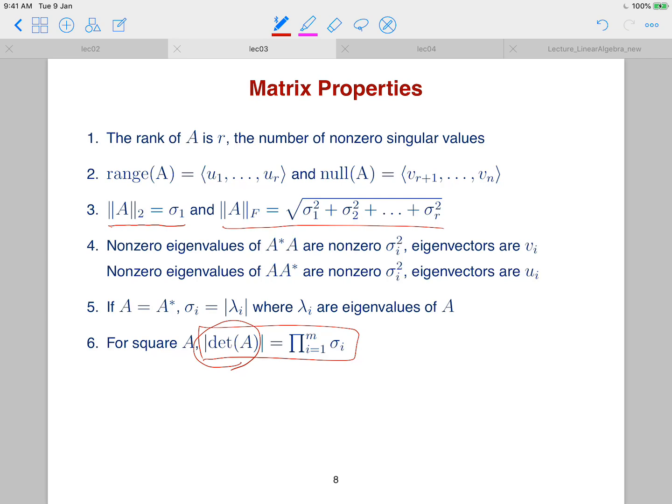So that is the meaning of this determinant, or the meaning of the product of all the eigenvalues, right? Okay.